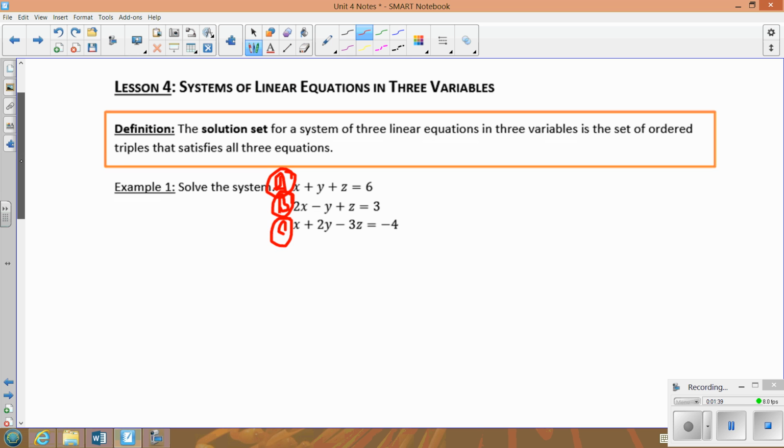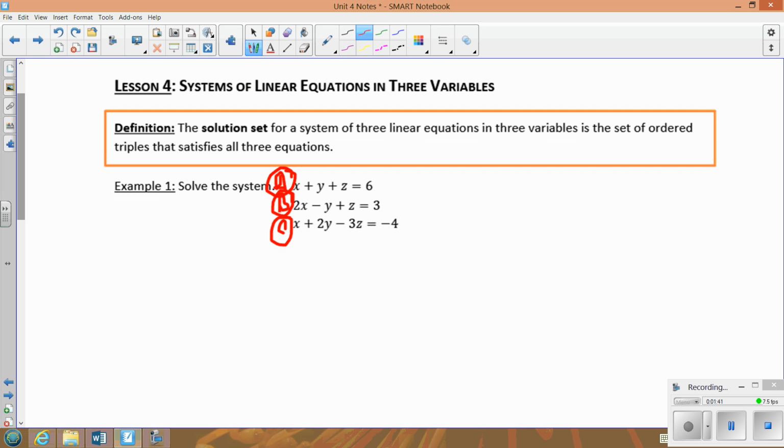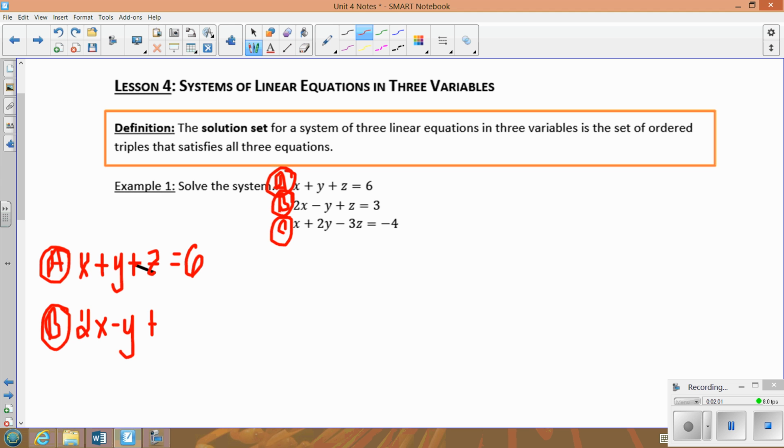So I'm going to group A and B together first. So I have x plus y plus z equals 6. And then B is 2x minus y plus z equals 3.